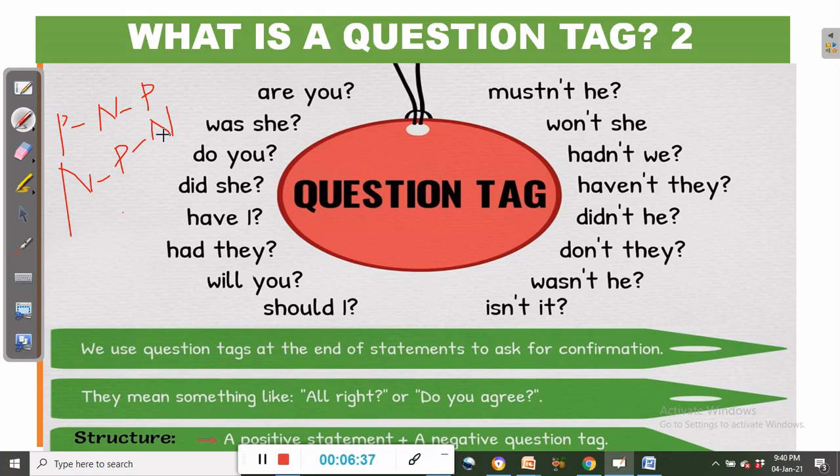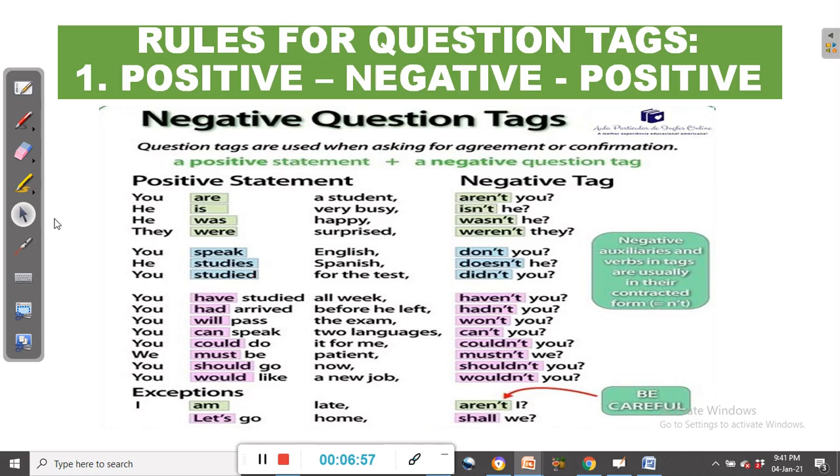Positive tag. No, she isn't. Negative response. That's the structure of question tags. All right. So let's explore further facts concerning the question tags. Now let's look at rules for question tags.